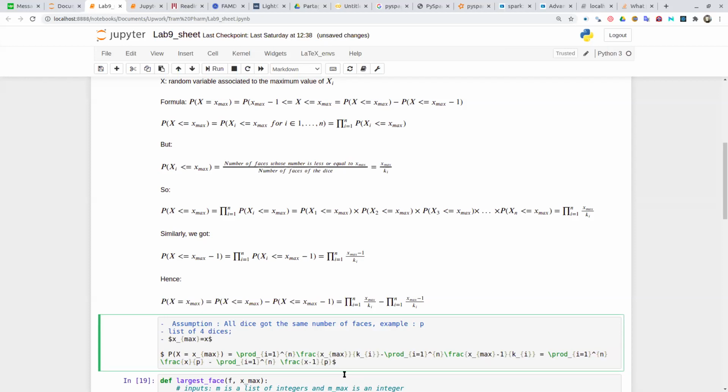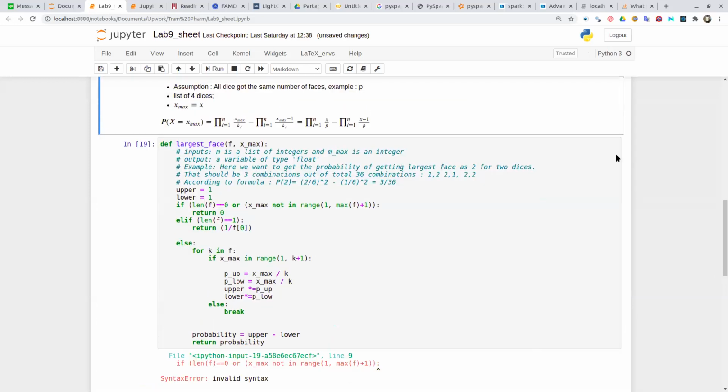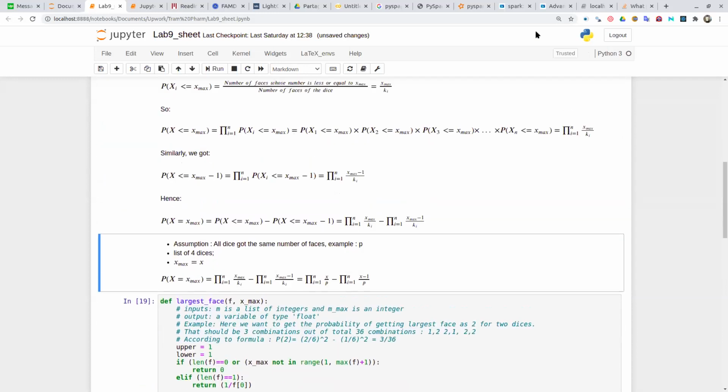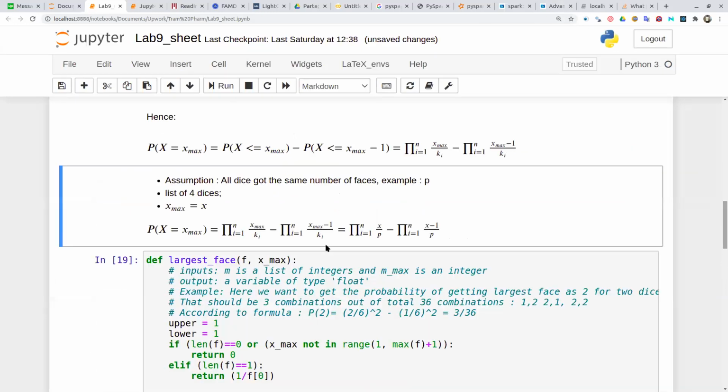Can you enter it so that I can see it, because I'm not used to reading it this way? Same number of faces, list of 4 dice, x max equal x. Oh, okay, so because of the loop.